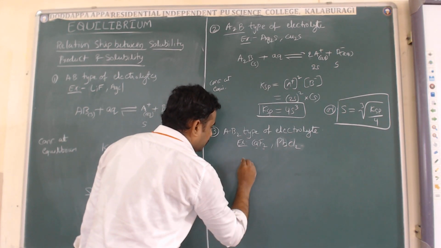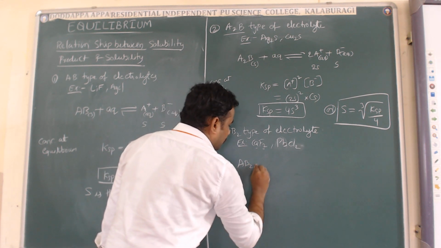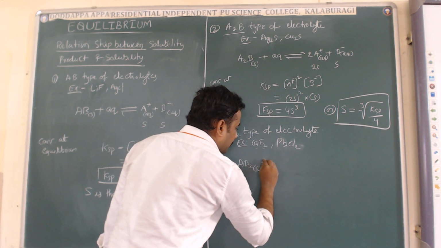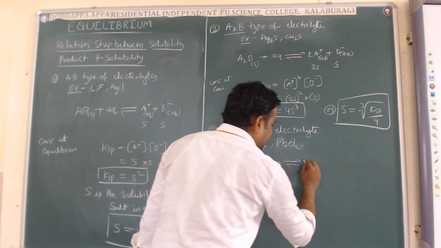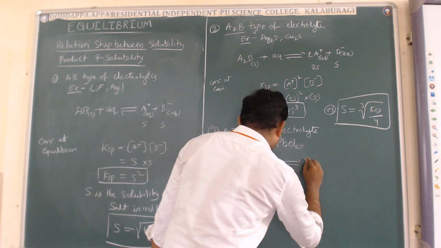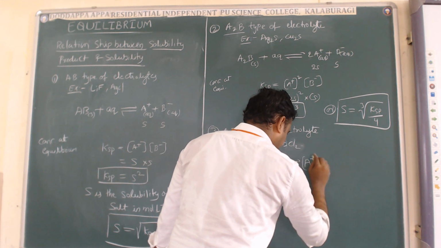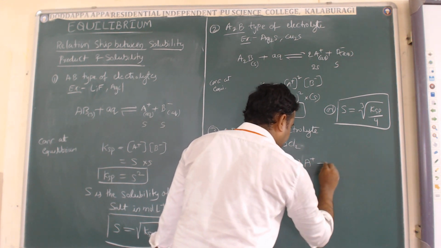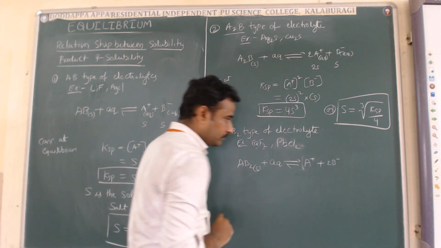When AB2 type electrolytes are there, you have to write how it undergoes dissociation. You write AB2 in solid form. When you add it into water, it gives the product A plus 2B minus.